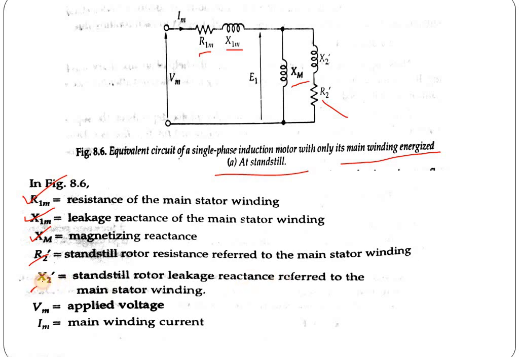Then X2 dash is the standstill rotor leakage reactance, again referred to the stator main winding. Then Vm is the supply voltage and Im is the main current. In this case, we are assuming that the loss component branch is neglected because all the losses are considered here as rotational losses.